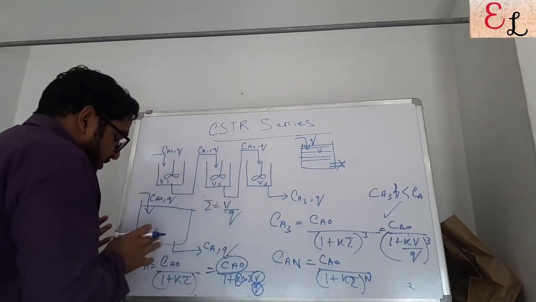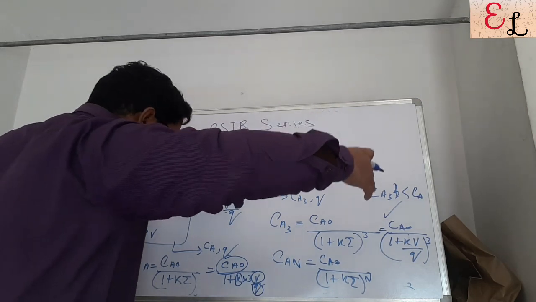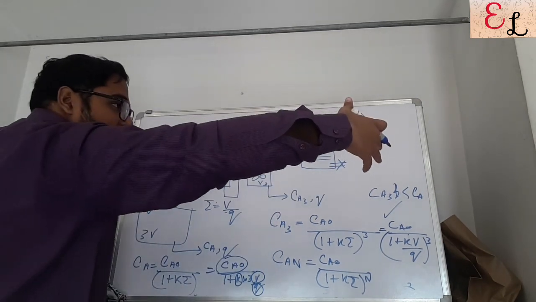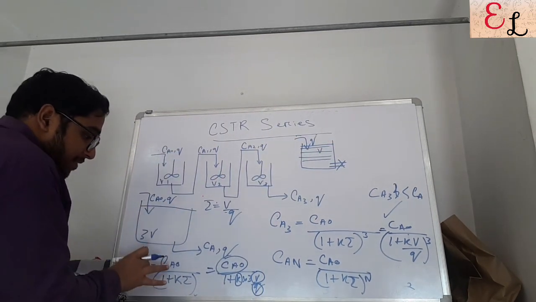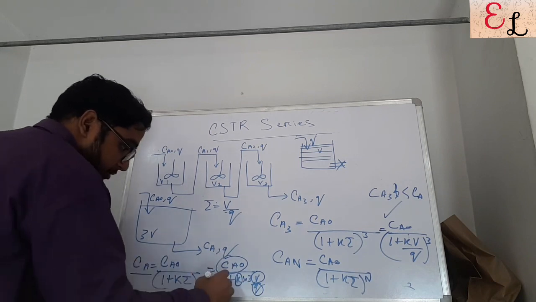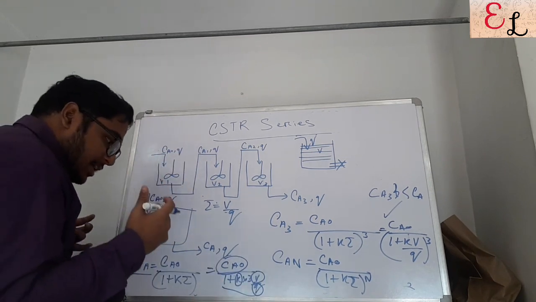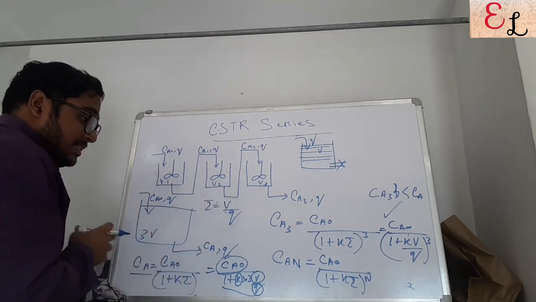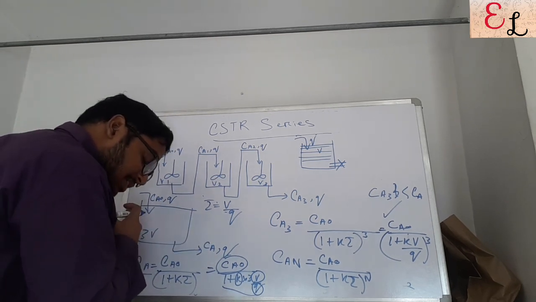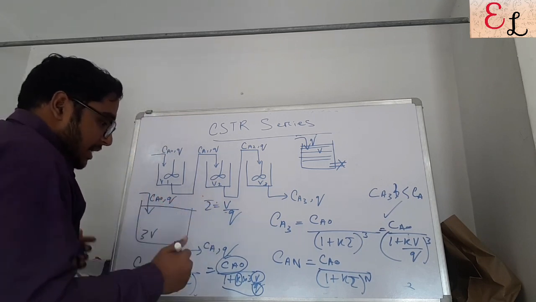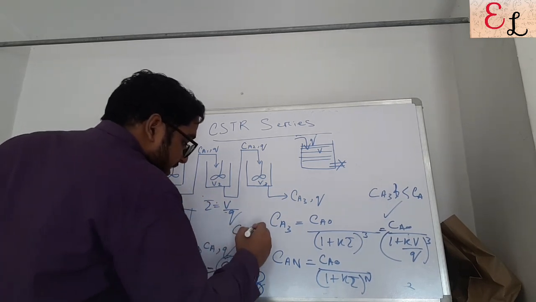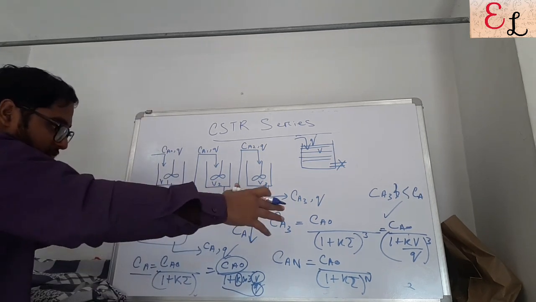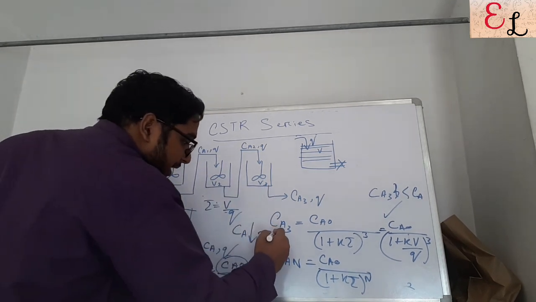So what happens is, if we take a single reactor of 15 volume, what we achieve at the end is actually a greater concentration. That is, the conversion is not good. Whenever the Ca is less at the end of the process, that is better.